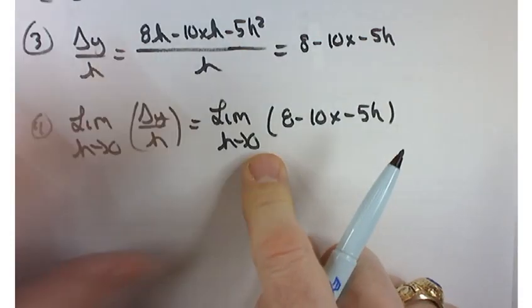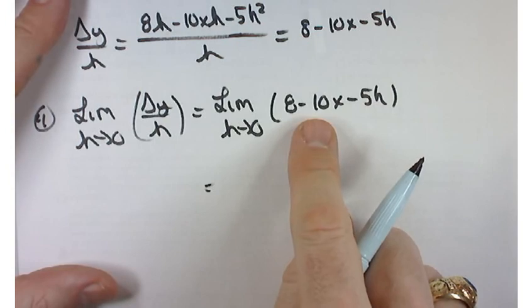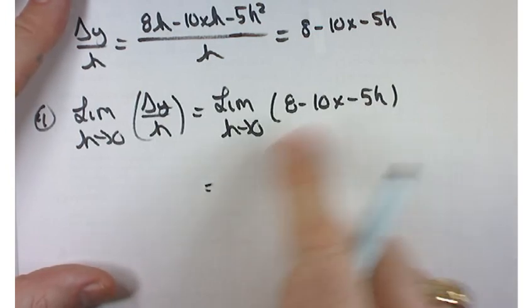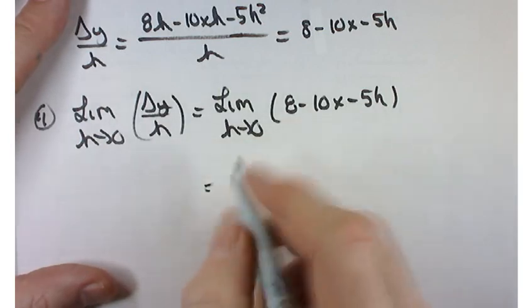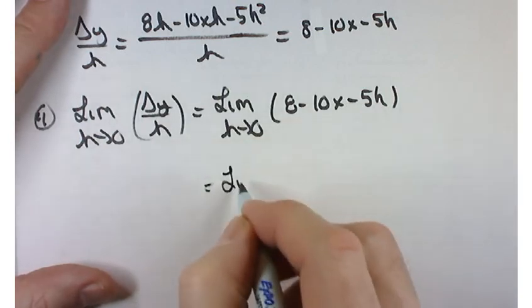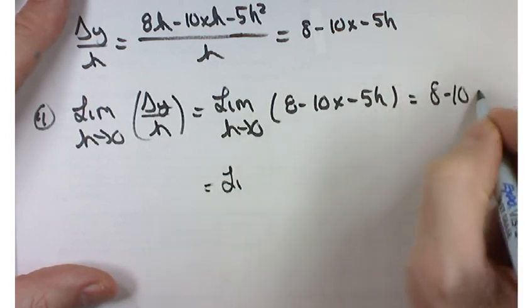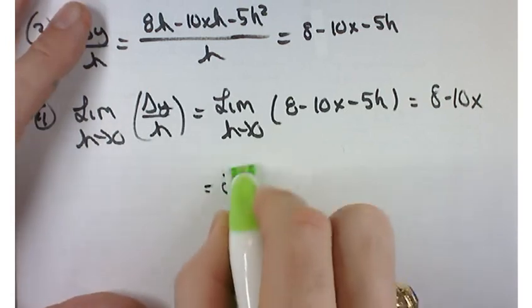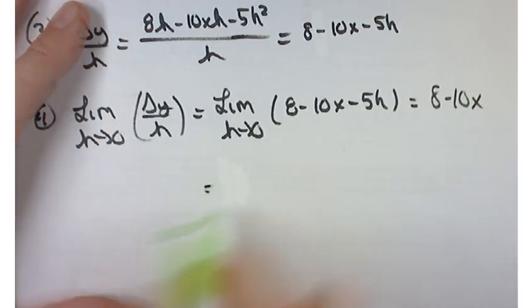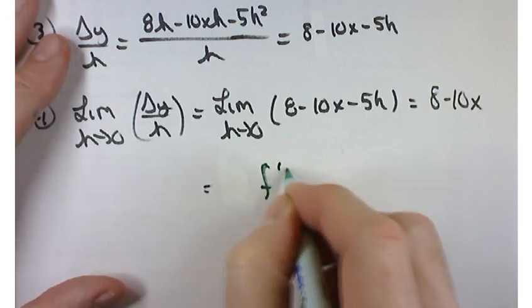So on your exams, you can count on one that's going to work real easy if all you do is plug in the limit. Look for that. That's the first thing you try when you're working with limits, is to plug in the limit. And that's what works here. So that limit equals 8 minus 10x. And that limit is going to be your derivative function. It's going to be your f prime of x.